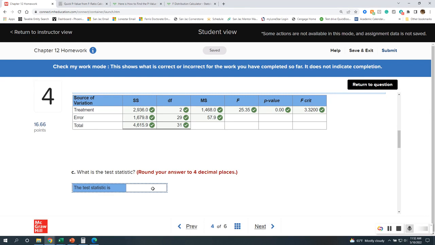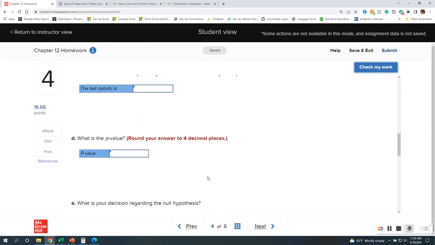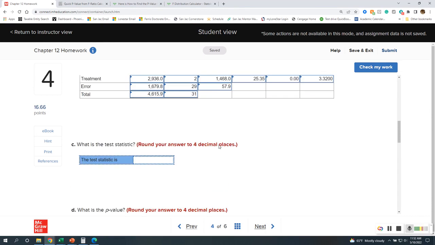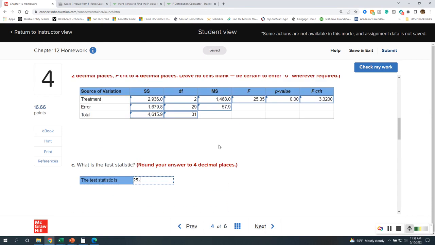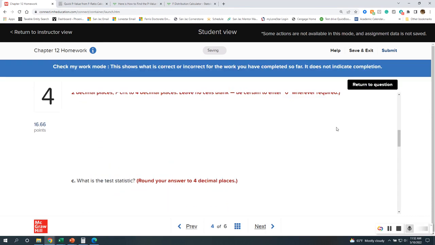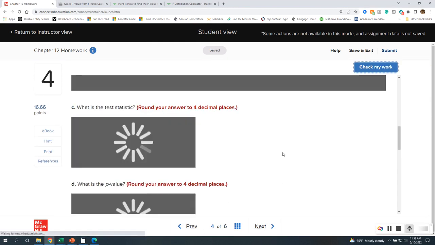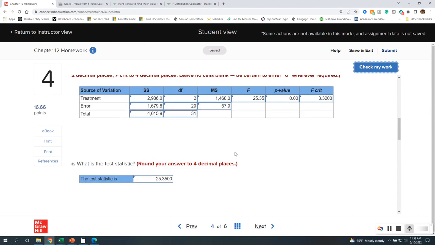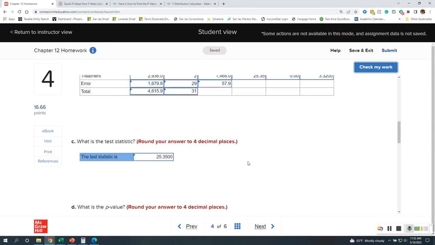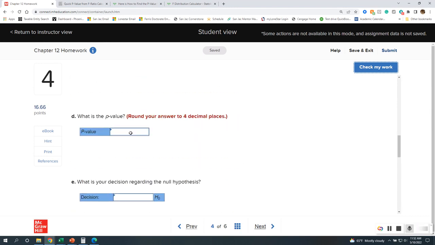All right. So what is the test statistic? It is now 25.35. There you go. Return the p-value, 0.000.